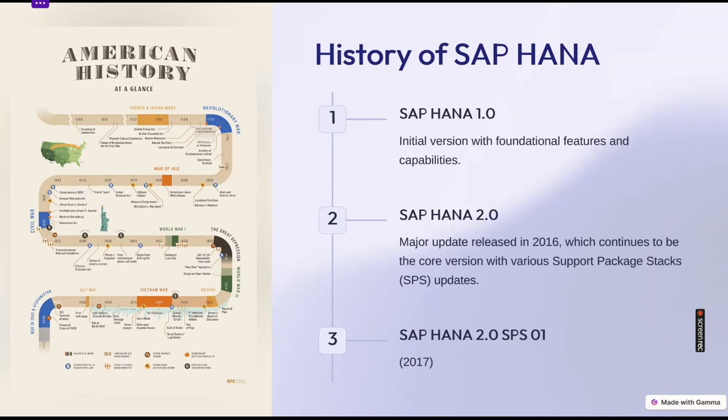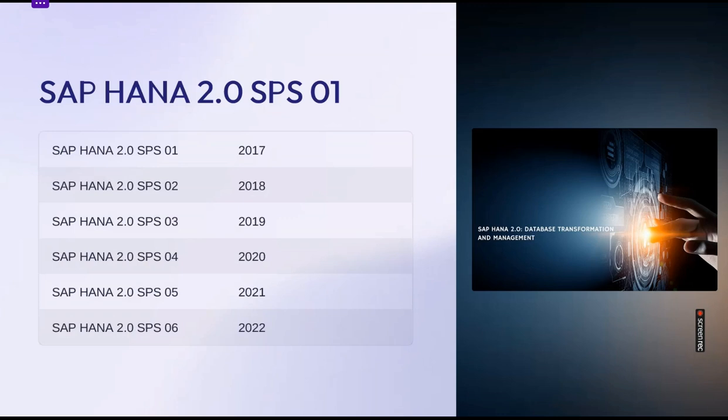The first SPS released in 2017 is called 2.0 SPS 01. Here is all the information about support packages: HANA 2.0 SPS 01 2017, SPS 02 2018, SPS 03 2019, SPS 04 2020, SPS 05 2021, SPS 06 2022. Now the latest version of HANA is HANA 2.0 SPS 07, which was introduced on 4th April 2017.